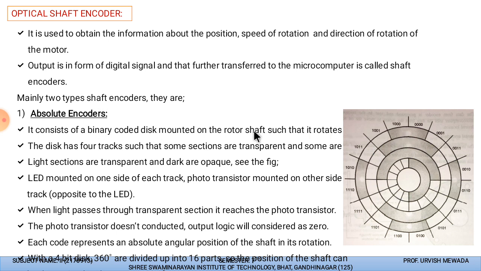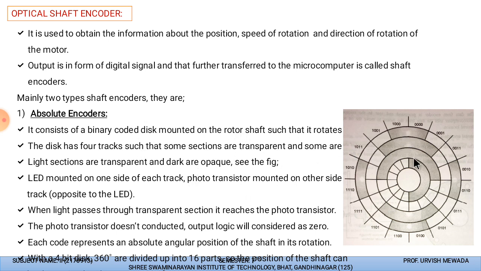It consists of a binary coded disk mounted on the shaft such that it rotates along with the shaft. And the disk has four tracks.